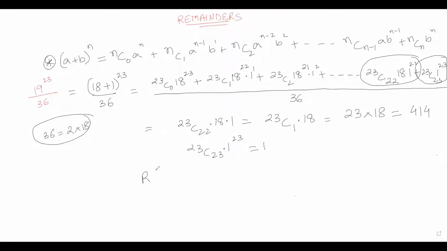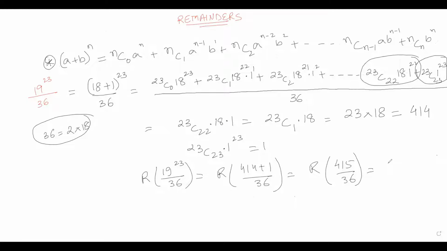So the remainder of 19 raised to power 23 upon 36 would be the same as the remainder of 414 plus 1 divided by 36. So this would be the same as the remainder of 415 divided by 36, which would be giving us the remainder as 19.